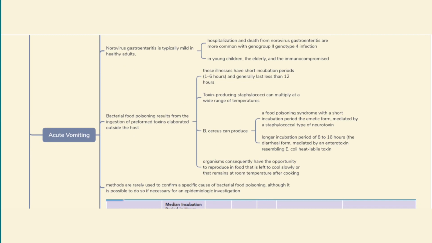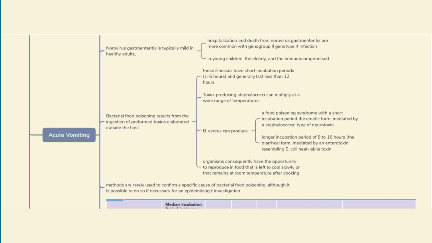Bacterial food poisoning results from the ingestion of preformed toxins outside the host, which means that the bacteria itself is not the source of the infection, but rather the toxins made by those bacteria and left in the food that we are ingesting.